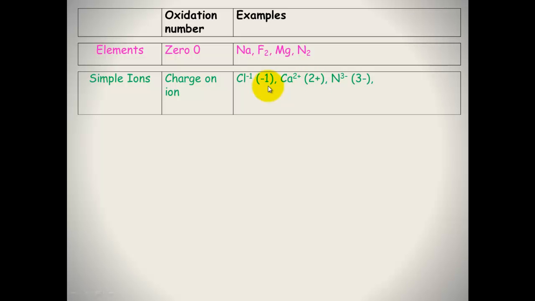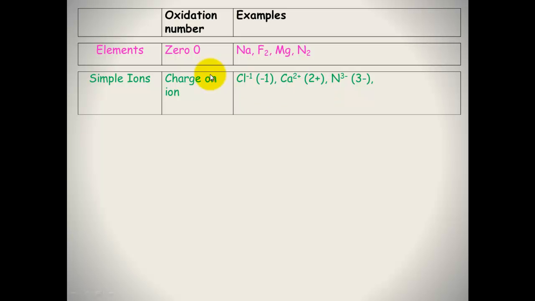Another way to think of it is that chlorine gains 1 electron to get a full outer shell, so its oxidation number is -1. Calcium loses 2 electrons, so it has an oxidation number of +2.